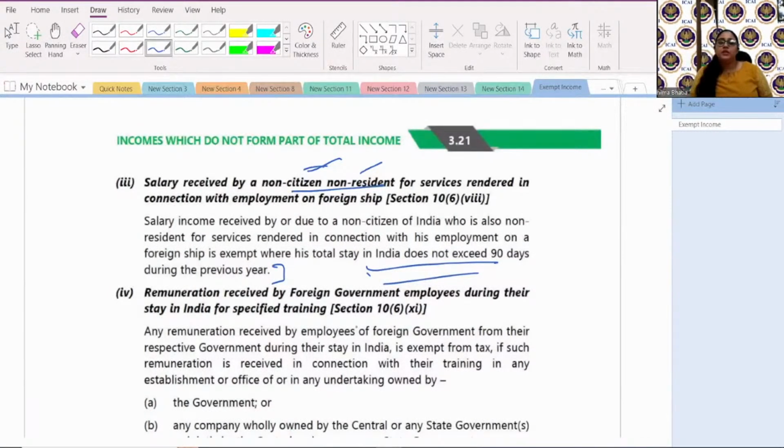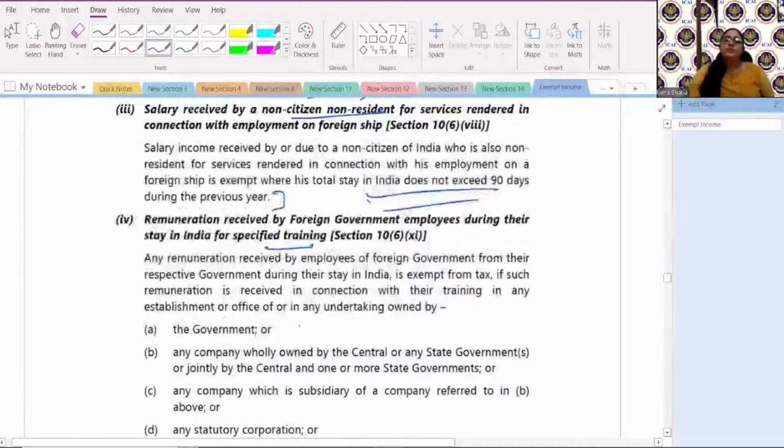Clear? Another type of remuneration which is exempt for non-citizens of India is remuneration received by foreign employees during their stay in India for specified training. In common exchange programs, many employees of foreign governments come to India.